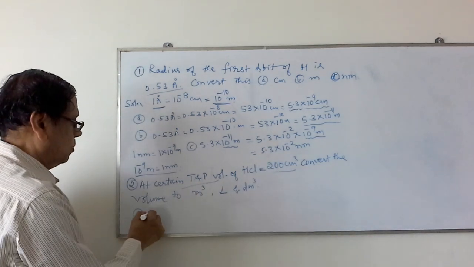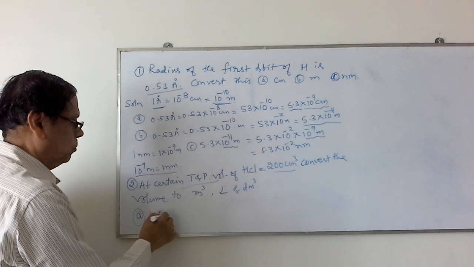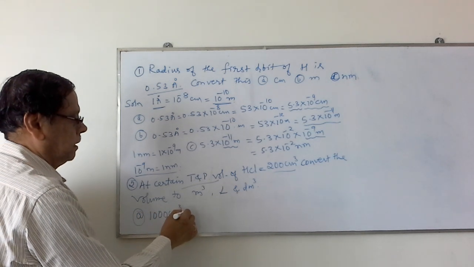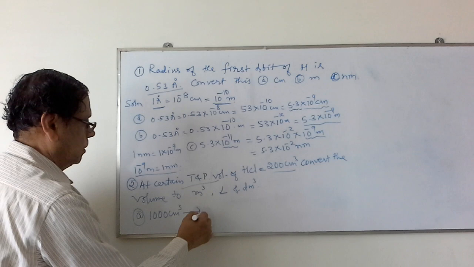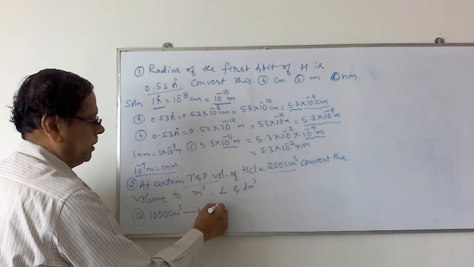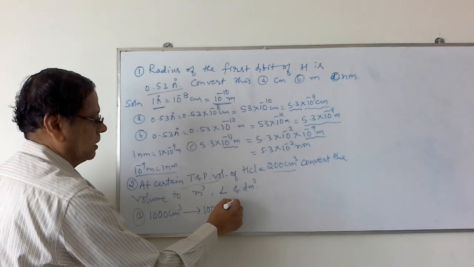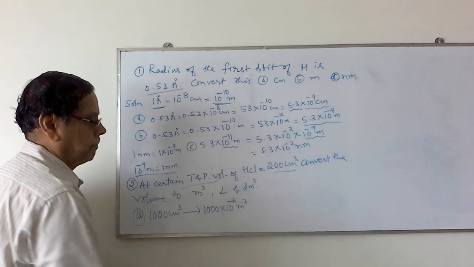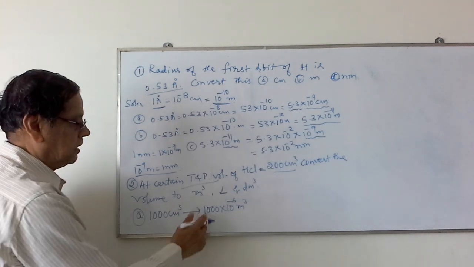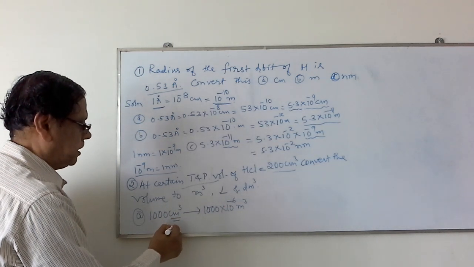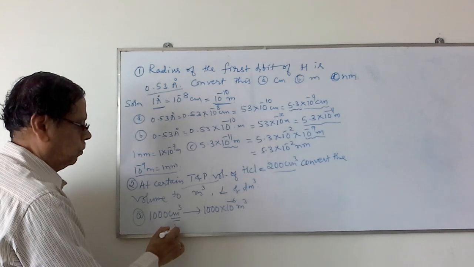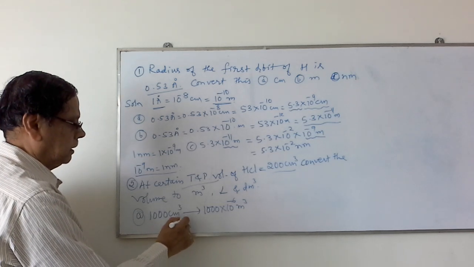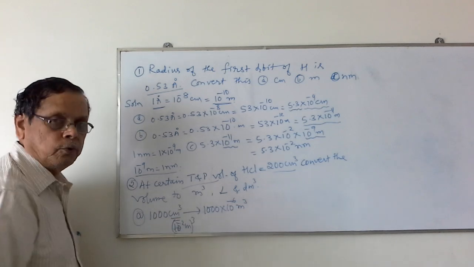So we know that 1000 cm cube corresponds to 1000 into 10 to the power minus 6 meter cube. That is, cm stands for 10 to the power minus 2 meter, and this should be whole cube.